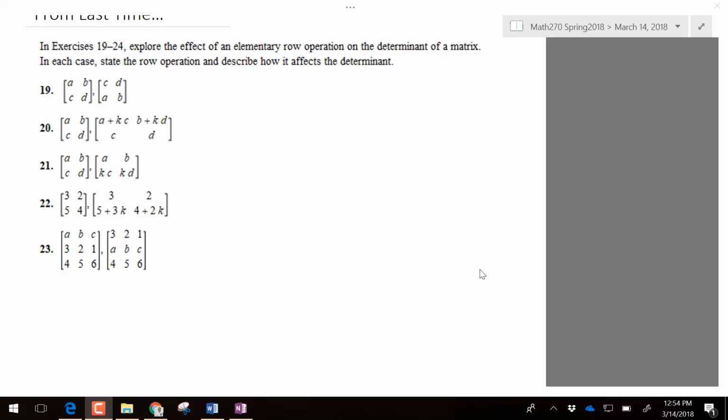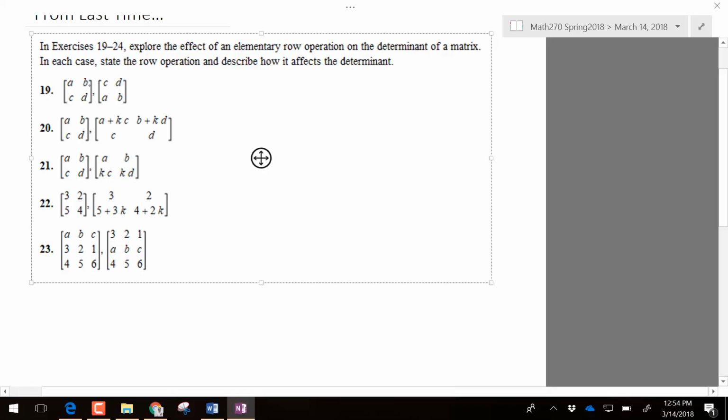Here are some examples. This is the last thing I pasted on, and what they want you to do is compare the determinants of the two matrices, two at a time.